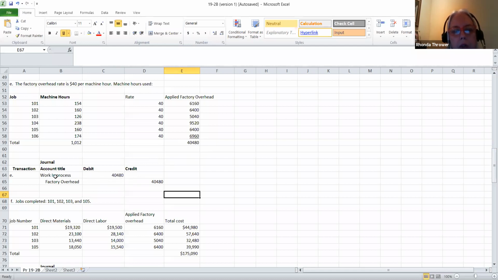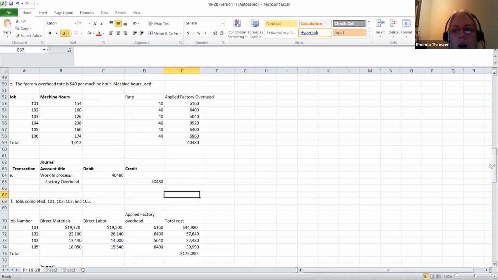Our factory overhead account, which is the expense account, is going to be reduced in this case. In other words, you're going to transfer from factory overhead and place it into the work in process account, so you will know what you have completed in work in process for the period.